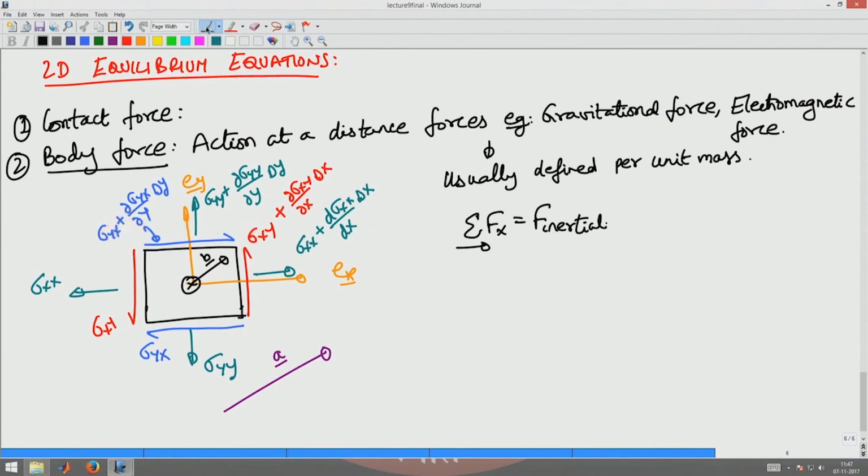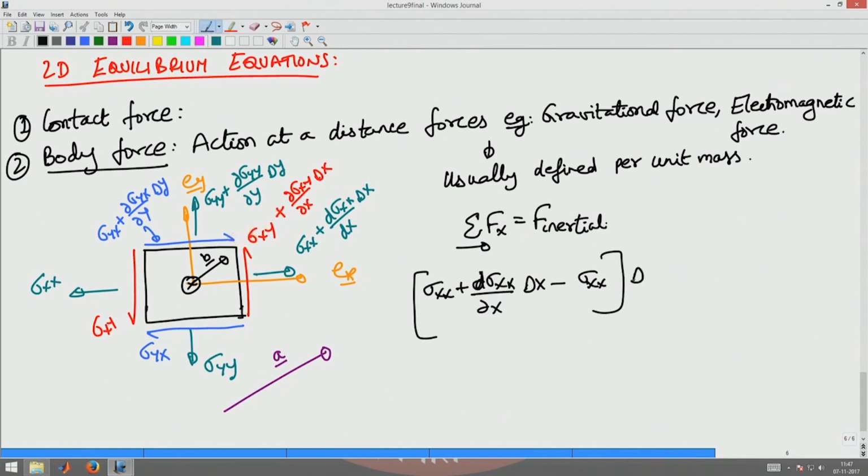So I will get sigma xx plus dou sigma xx by dou x into delta x minus sigma xx, into the area over which the stress acts. The area over which the stress acts is this area, that will be delta y times the dimension in the z direction, which will be delta z. Let us assume that the cube has a dimension delta z in the z direction.